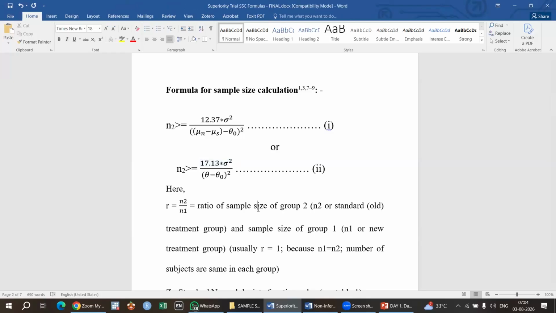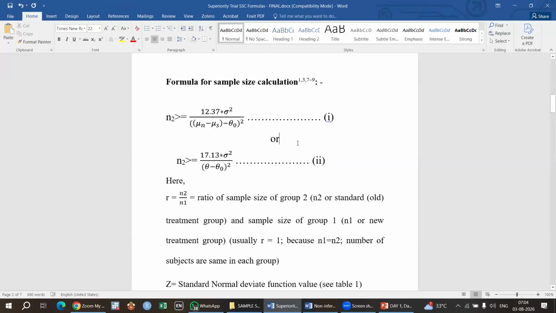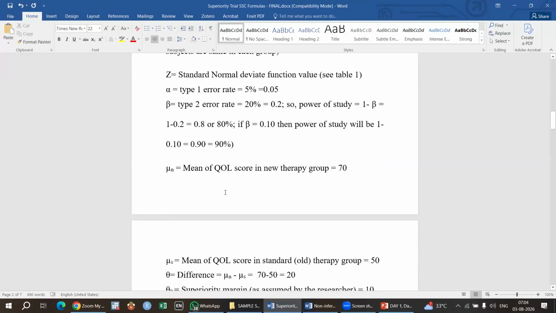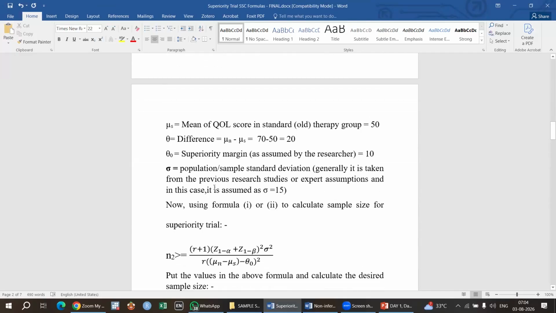So please see this. Very good. If you learn this, you can learn about non-inferiority, superiority, any other. Here, the Z value, everything we have written here. We know the difference is 20. The superiority margin we have decided is 10.